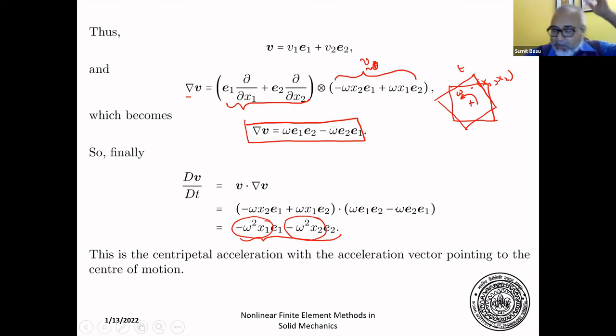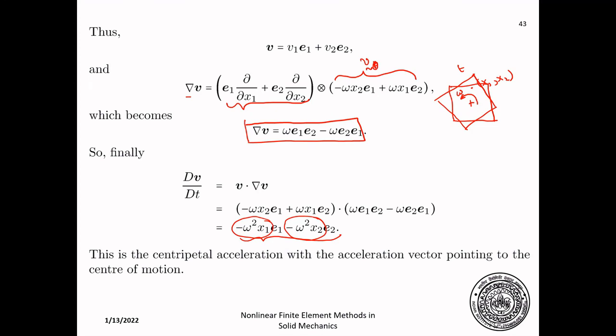Please think about this problem and see if this makes sense. We have got it through the total derivative, through a sort of circuitous route, but please try to see if this makes sense to you.